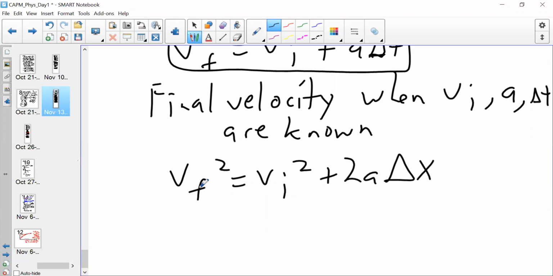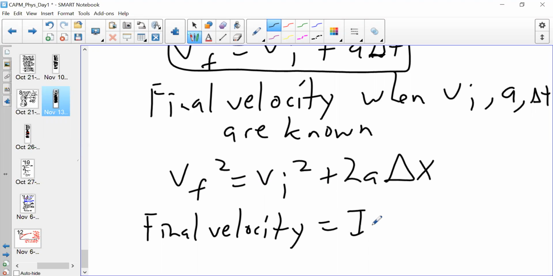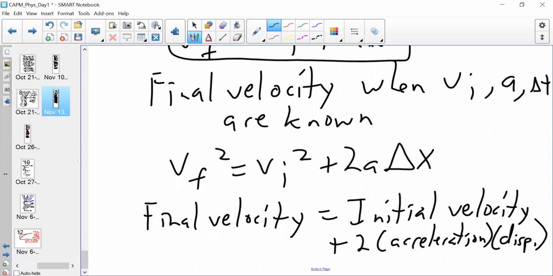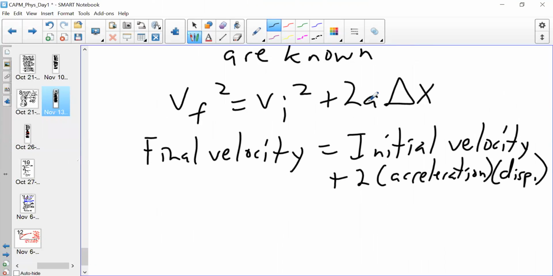Okay, so Vf is final velocity, equals initial velocity squared plus 2 times acceleration times your displacement. So I can find my final velocity when I know my initial velocity, acceleration, and my displacement.